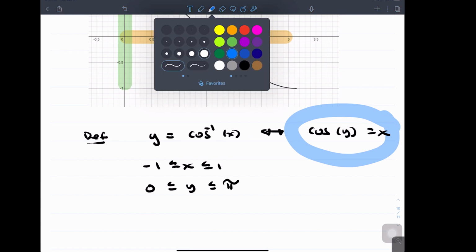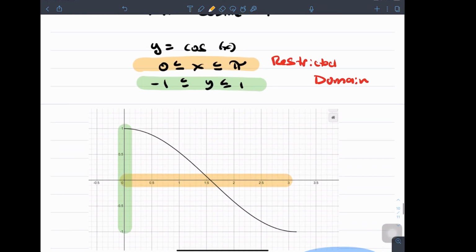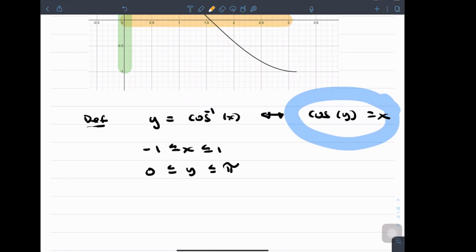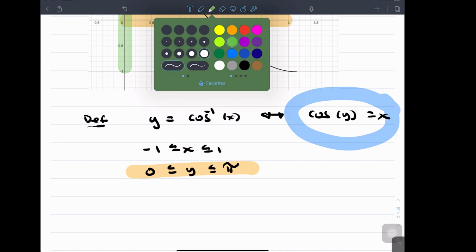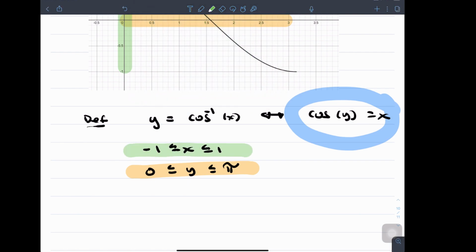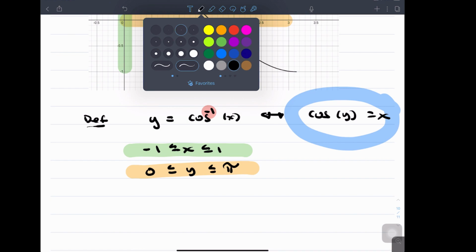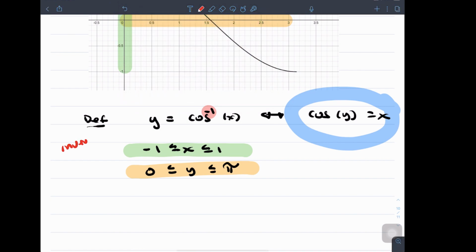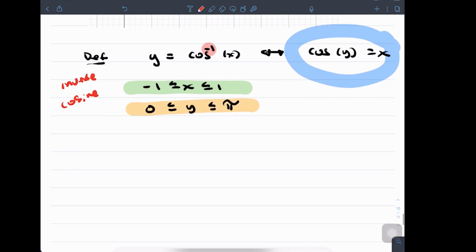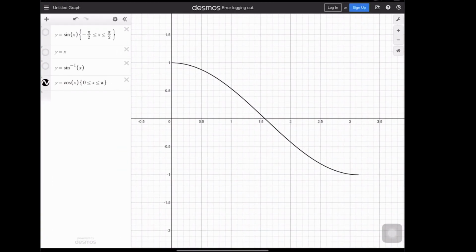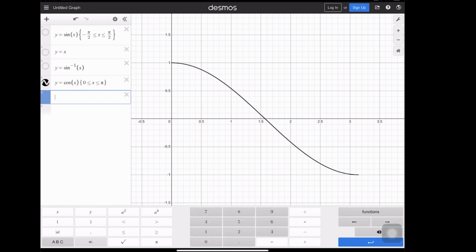So they switch. I just want to color coordinate this. Orange. Green, because you're talking about the inverse cosine. This is inverse cosine. And then you say, well, what does that graph look like? Well, you guys know something. You have y equals inverse cosine x.